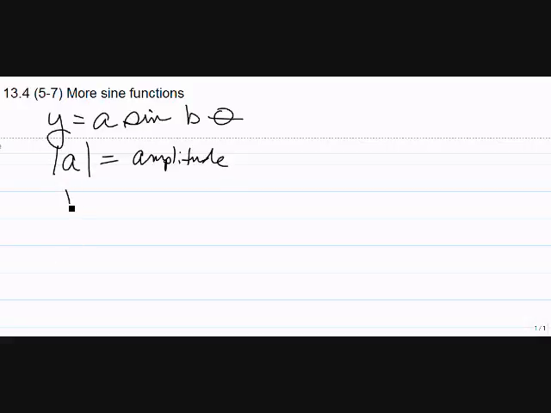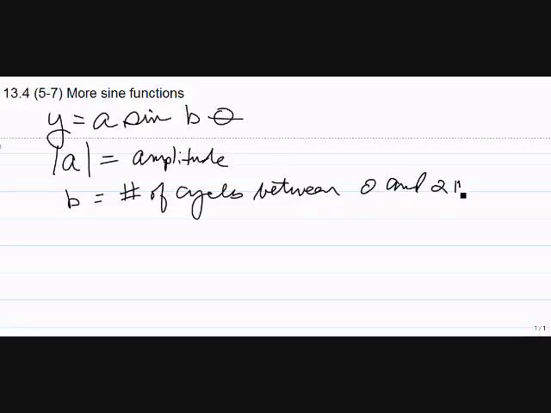And B is the number of cycles between 0 and 2 pi, or 0 and 360 if you did your graphs by 360s, which is fine to do.